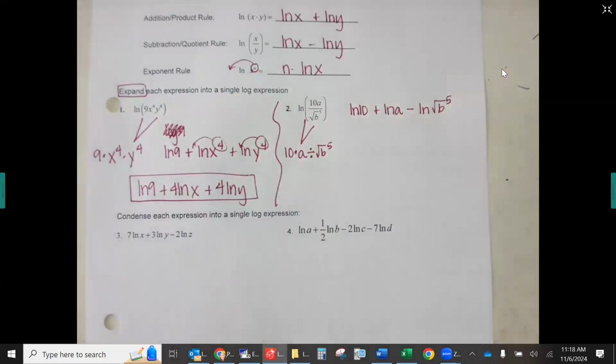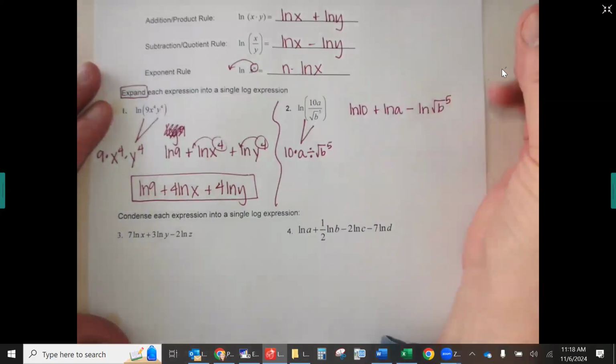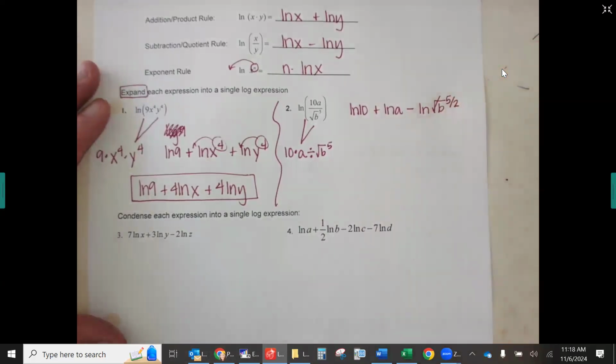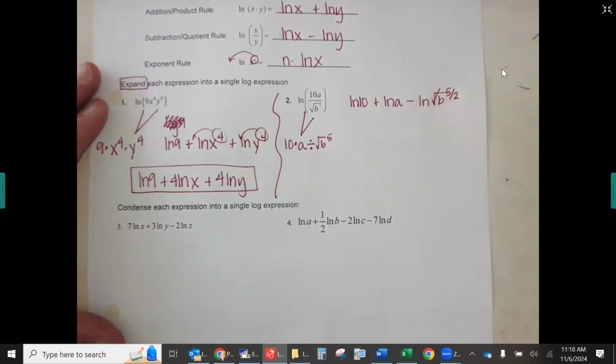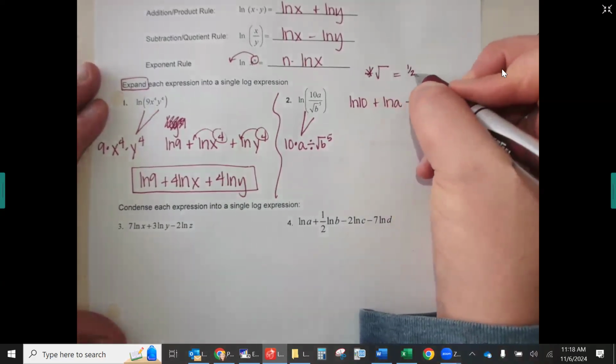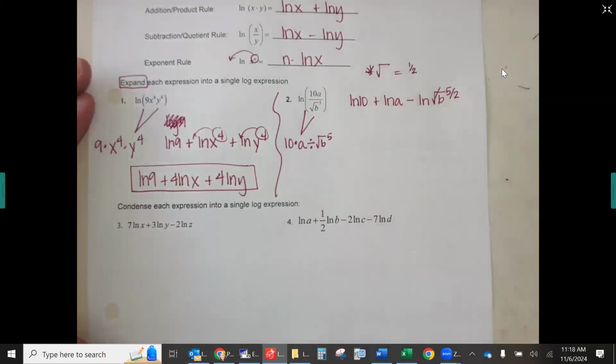Okay, then I know you just had hopefully the most lovely long weekend. Okay, but square roots can turn into a specific type of exponent. What does a square root go to? 1/2 or a half. So then if the 5's already there, remember I just cut the 5 in half. So if you want to put a little note here, remember that a square root still equals a half.